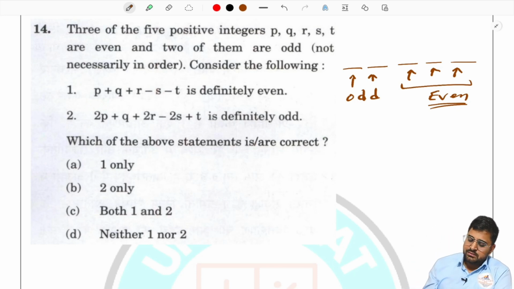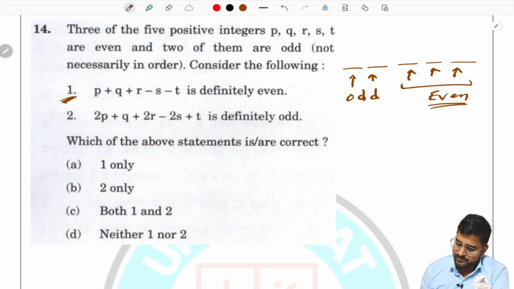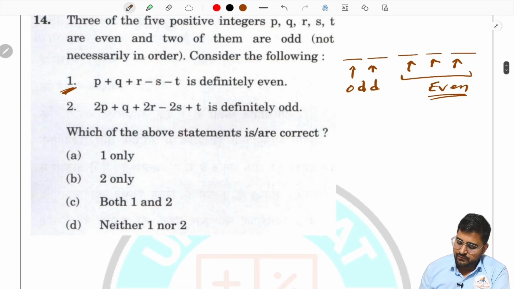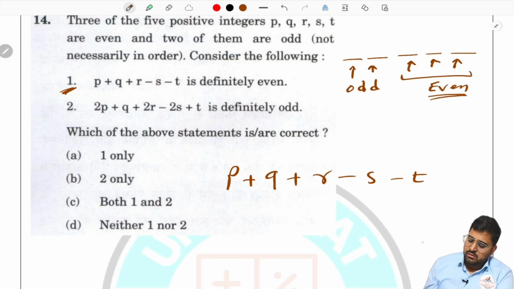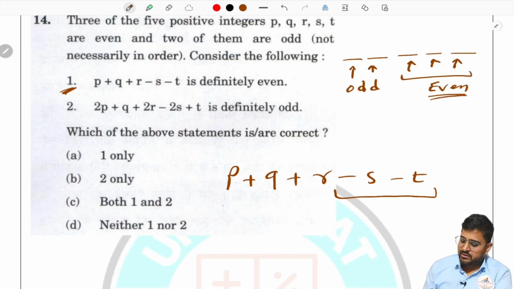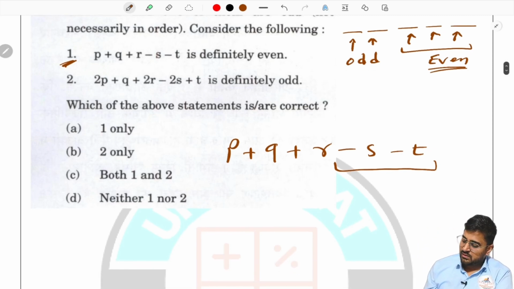Now let's start with the first statement. There are 5 elements with this structure. At first glance, what I observe is there are some different signs which disturb the whole equation.